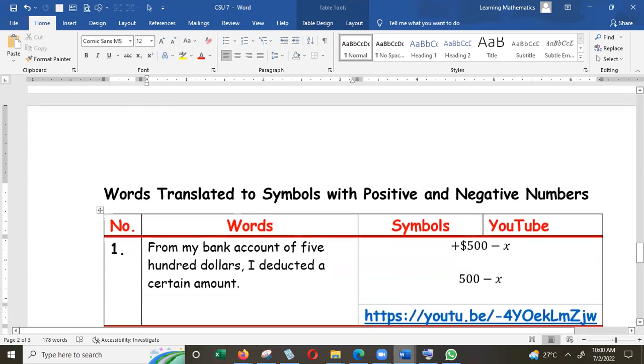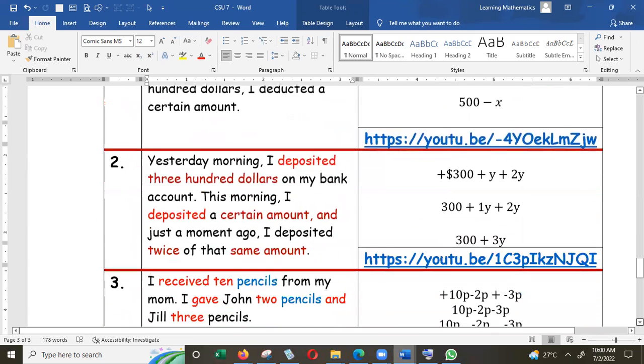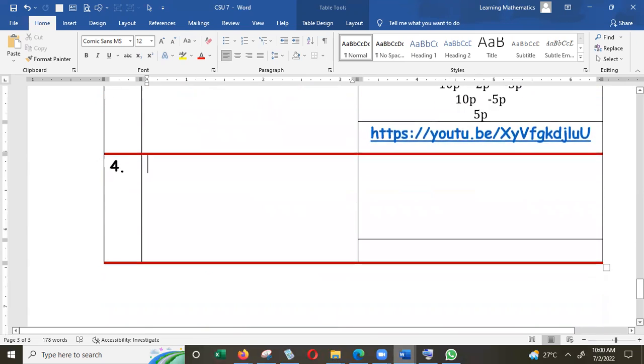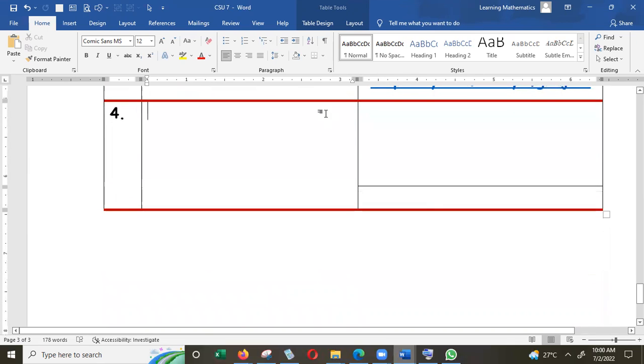Now here we have a scenario of words translated to symbols with positive and negative numbers. We have scenario number 1, number 2, number 3. We're going to develop a brand new scenario number 4.